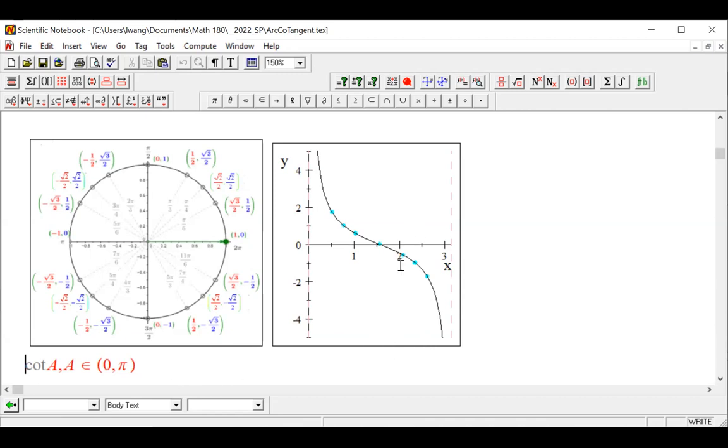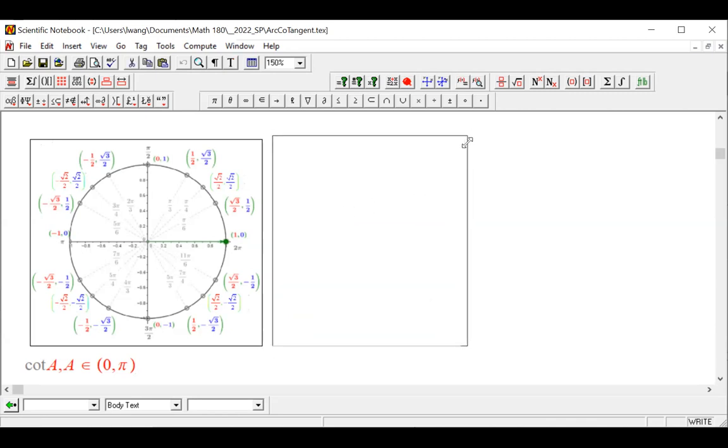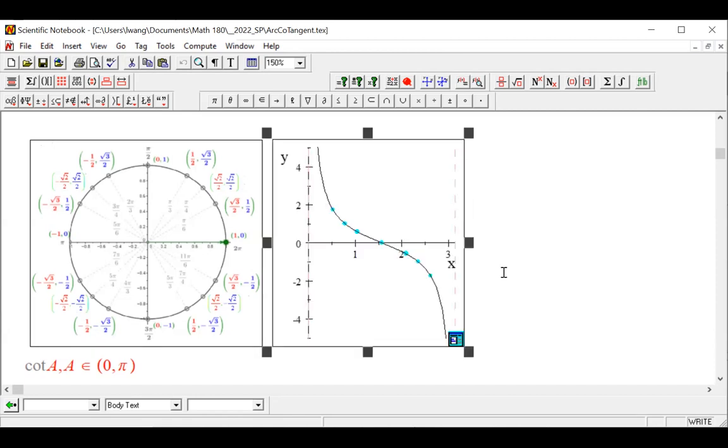So this function is now one-to-one, and we're going to define our ArcCoTangent.